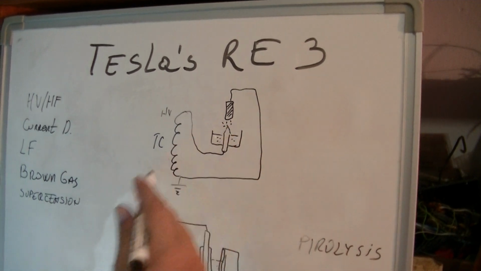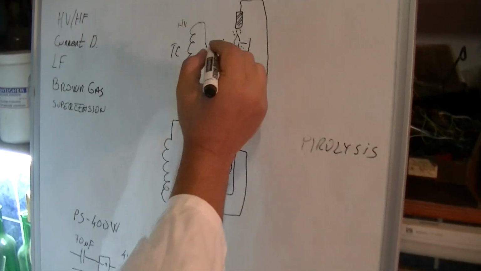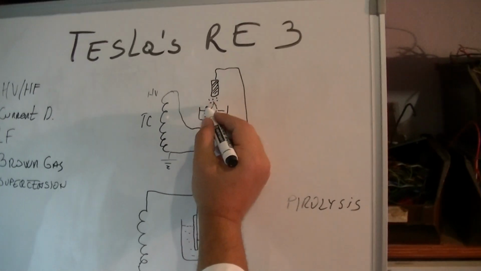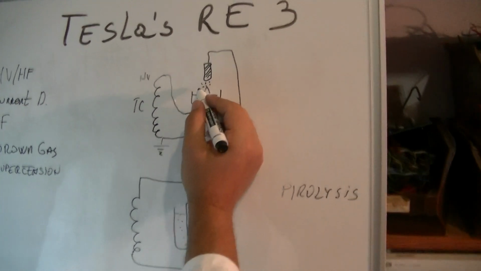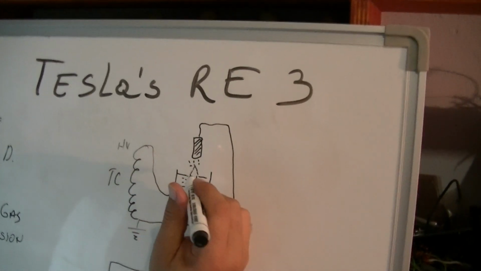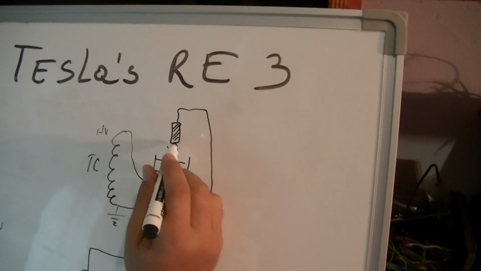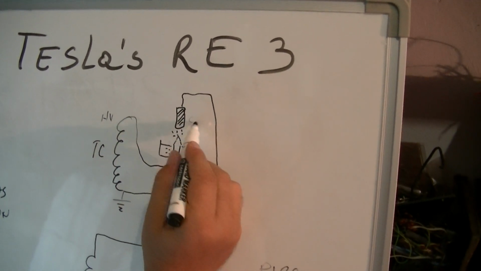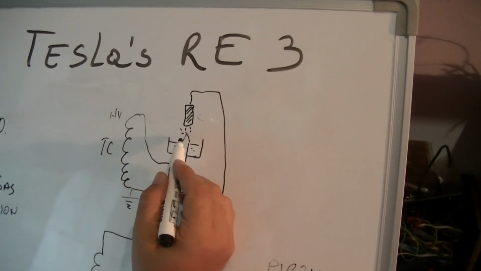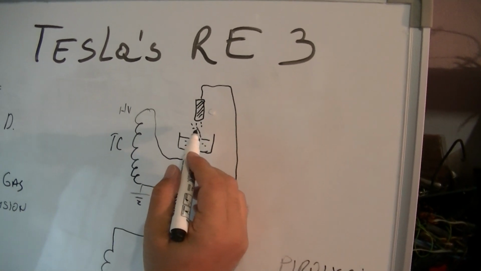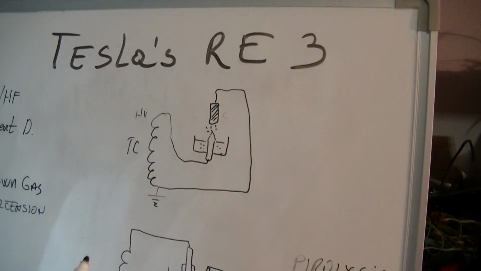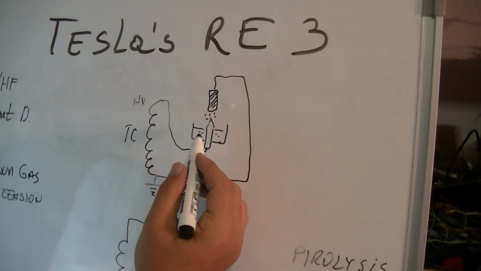Then water molecules in the air, like vapor, are involved in bombarding the iron and the carbon. So we got so many flammable gases and hot water.